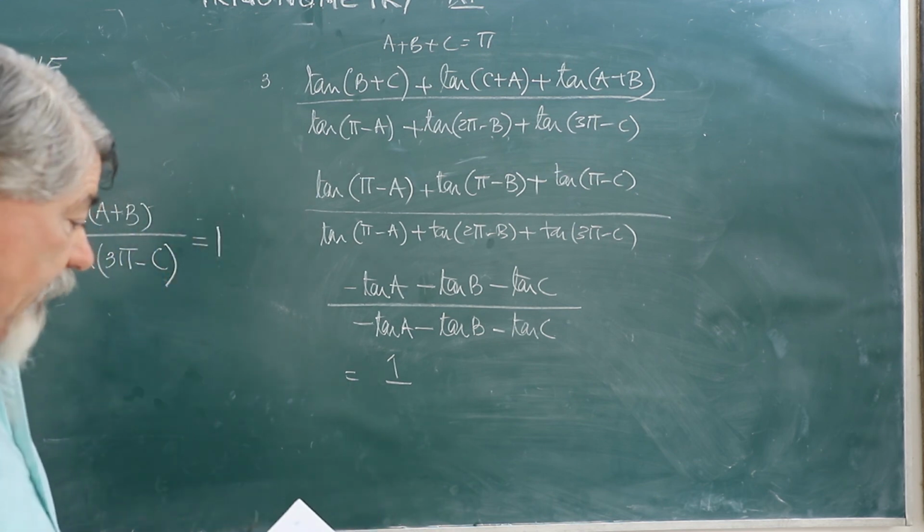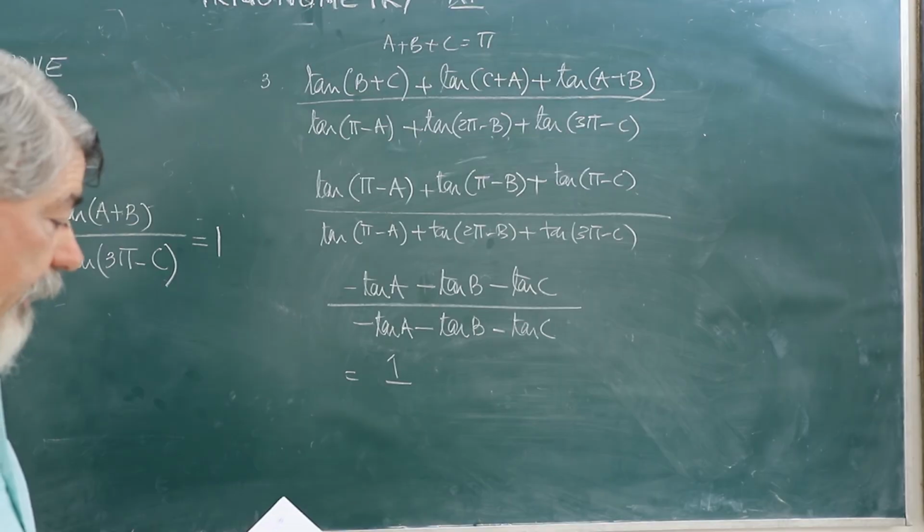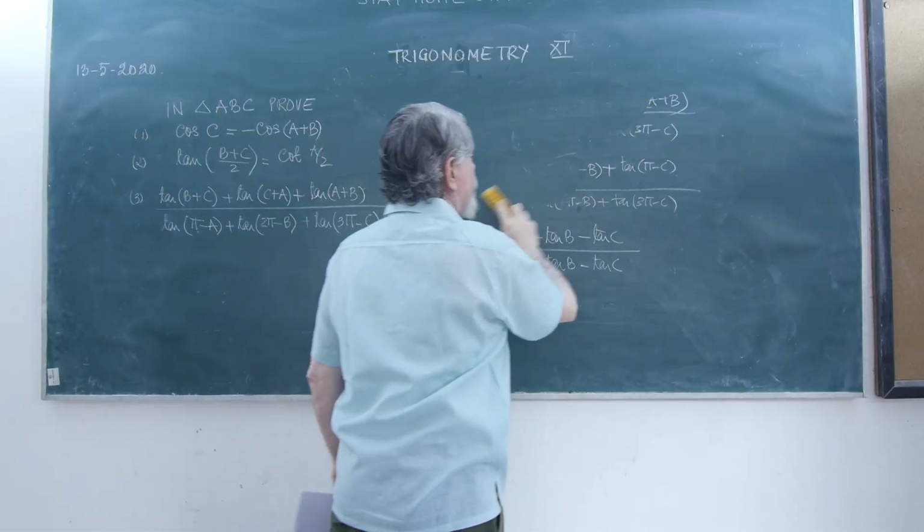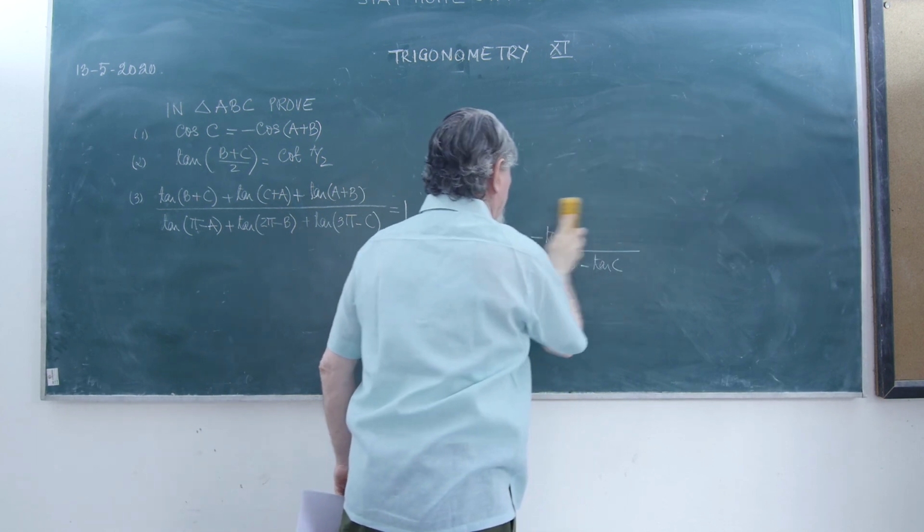He says if A, B, C, D are the angles of a quadrilateral. Now it is a quadrilateral. We were talking till now of a triangle.